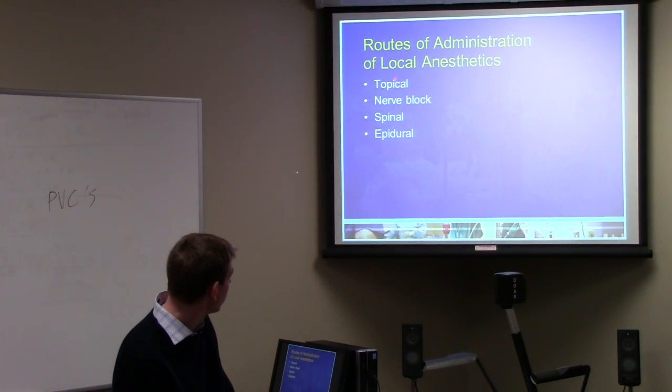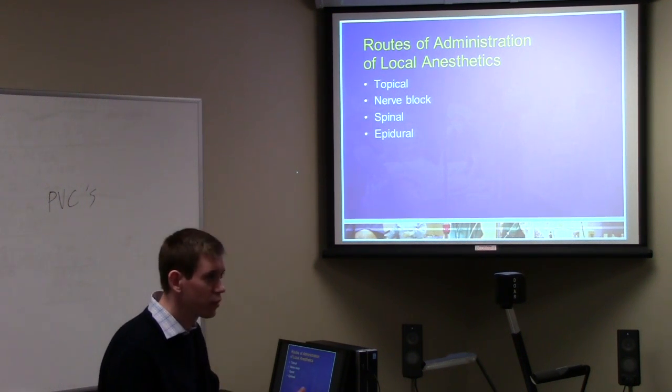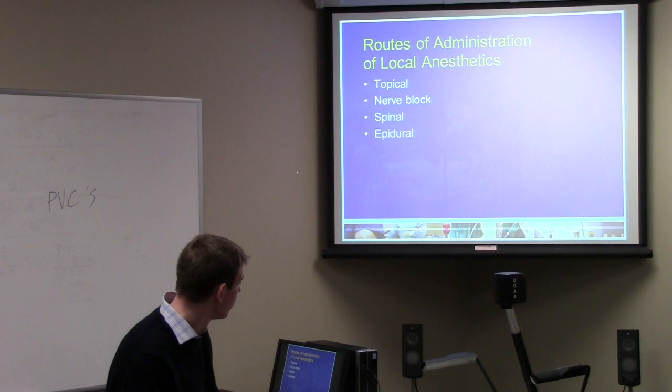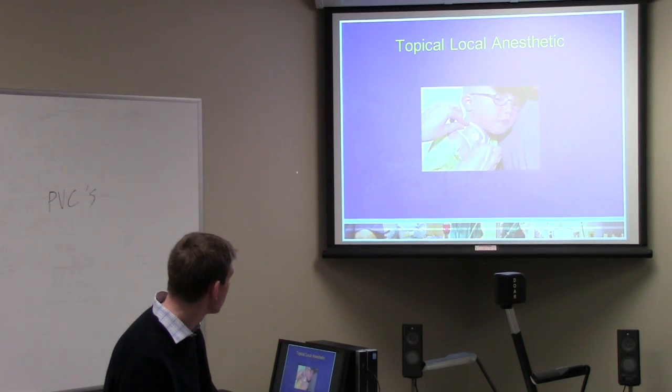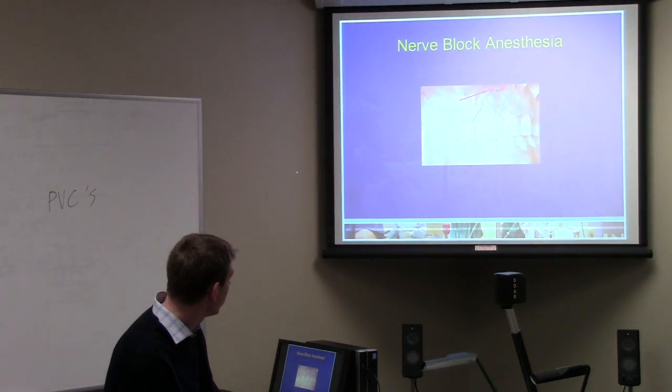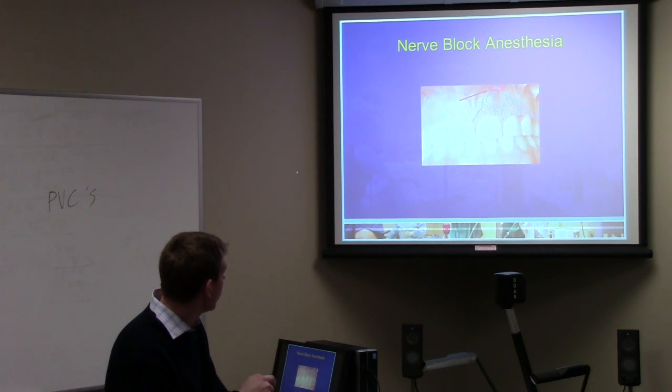For the local anesthetics, there are lots of different ways. Topical, they even have cream, spray, injectable. So here's an example of topical. Here, the dentist is going to inject it, so it will block all these nerves.